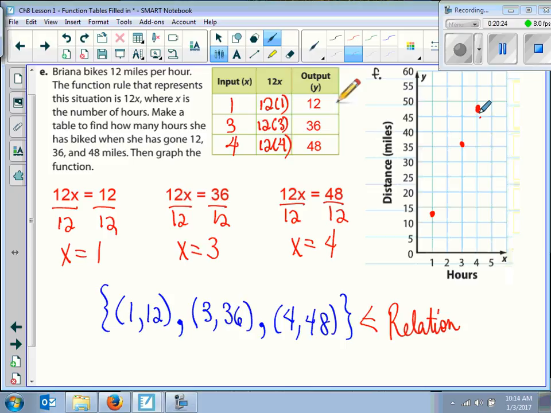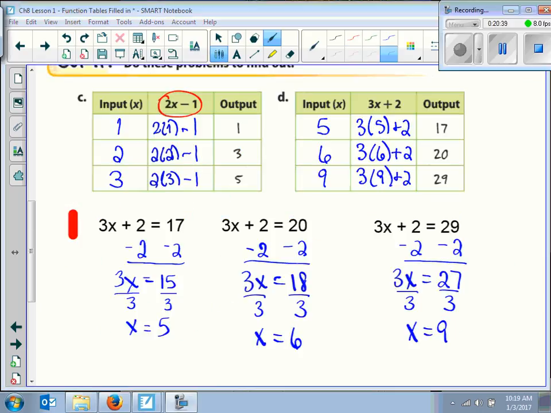Okay? So, if you look at this, it looks like if I connected those dots, it would be a what? One line. A straight line. Very good. All right, and here is the work for example D.